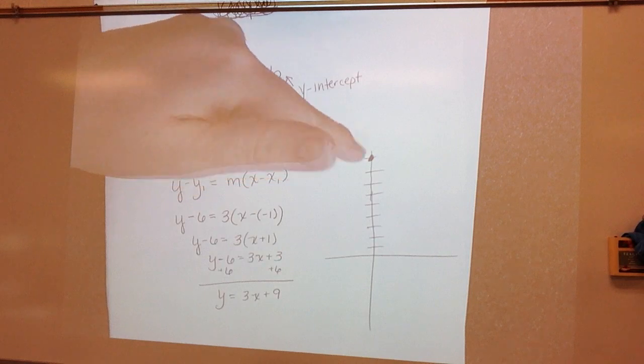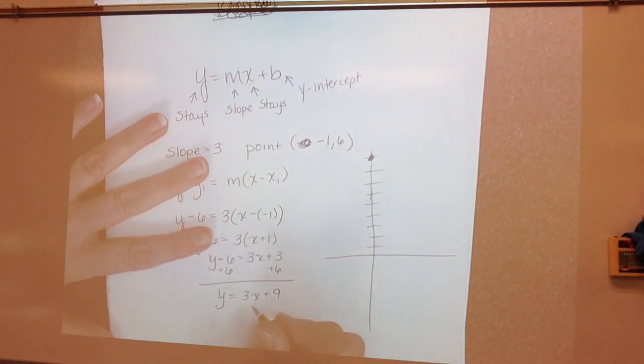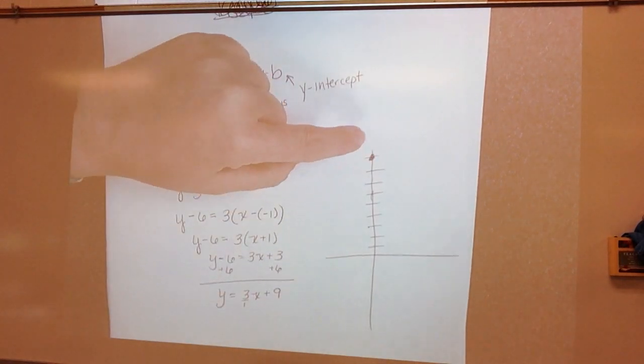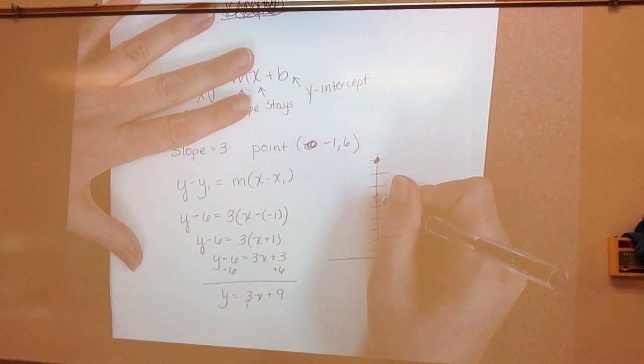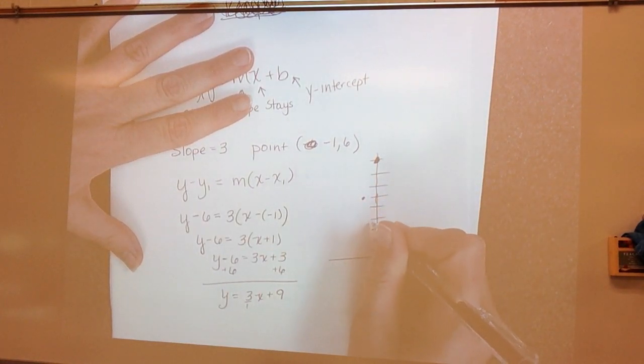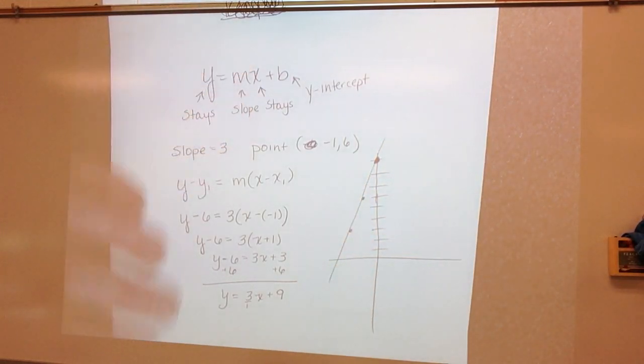So now that gives me a starting point, and I know that my slope is 3 over 1, so I would go up 3 or down 3 and over 1. So this is what my line would look like if I graphed it.